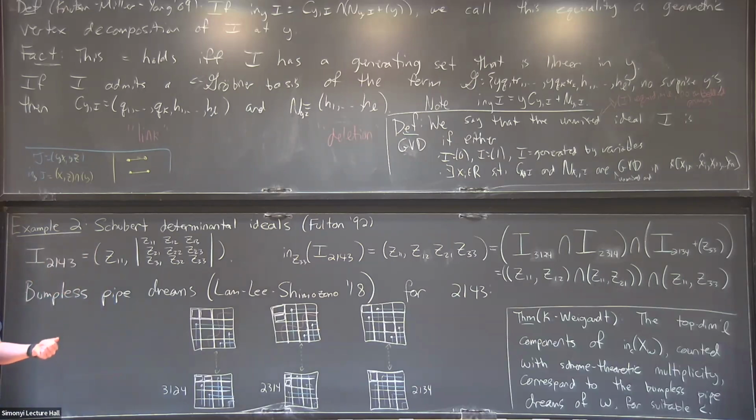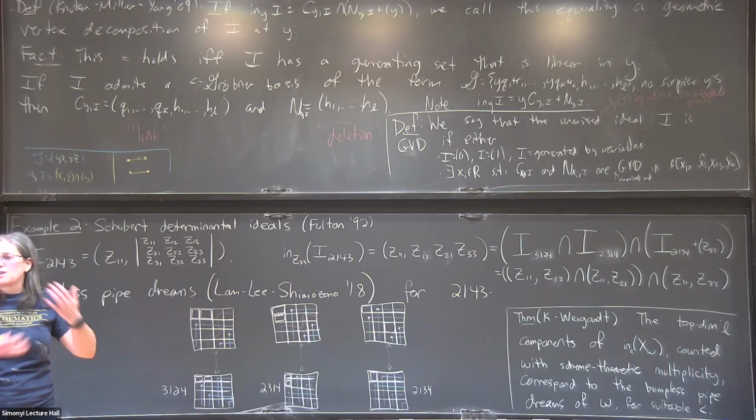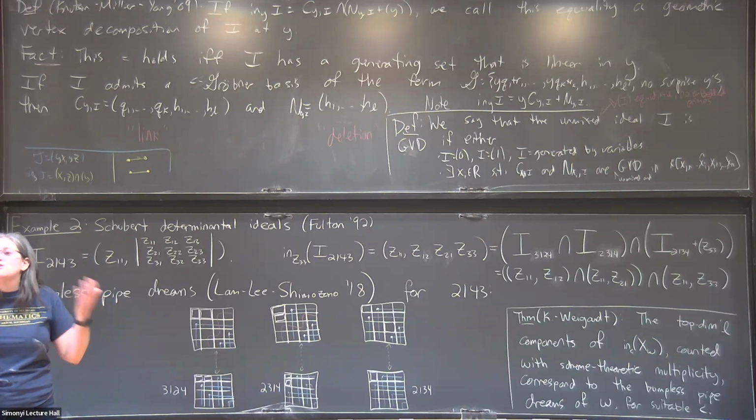A thing that does happen for me in nature is that I have an ideal that's defined combinatorially, based on combinatorial information. And if I go all the way to the initial ideal, I can no longer see enough of the combinatorics to understand the ideal. So I don't know which monomials are coming from where. I don't know how I should be taking my next step in a vertex decomposition, even if I do end up with a square-free monomial ideal.